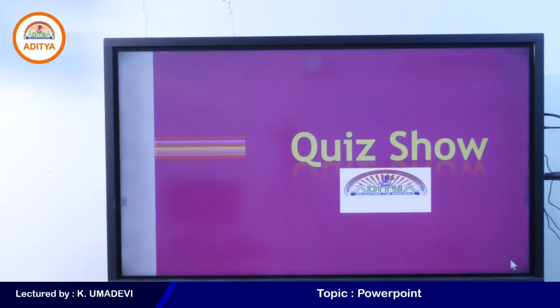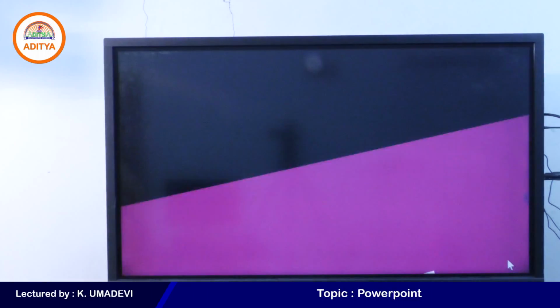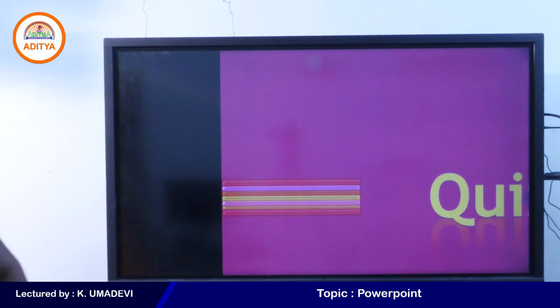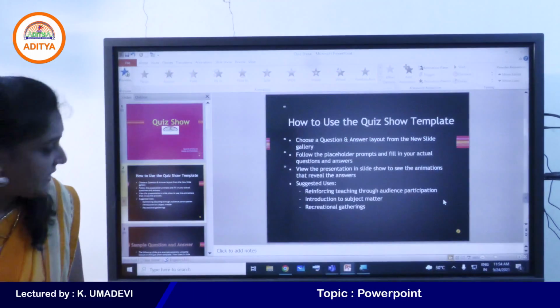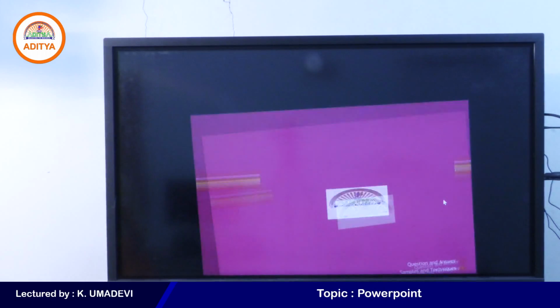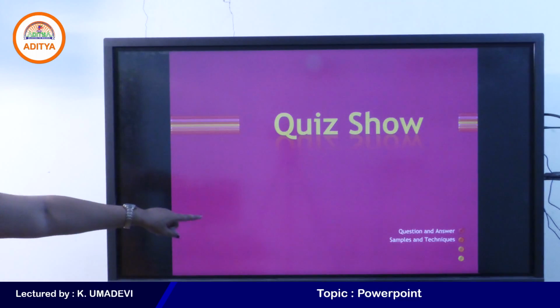Split. Okay, so now go to the PowerPoint slideshow presentation. Sorry, I'll zoom out the screen. Okay, press F5. That is the first one, and this is the second one.